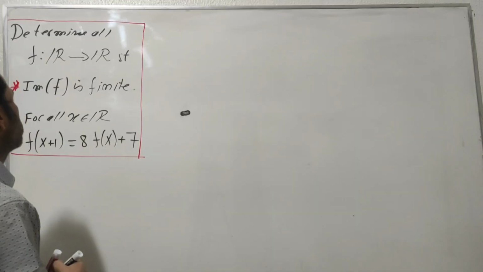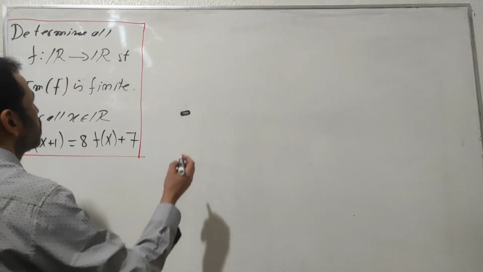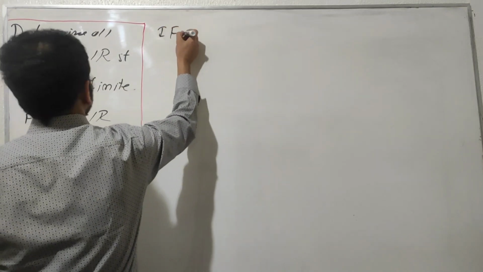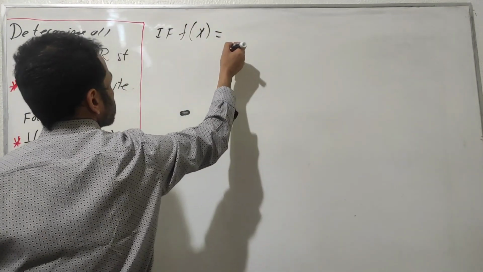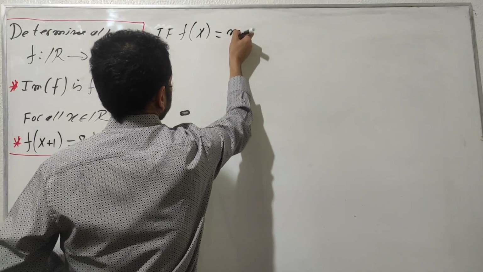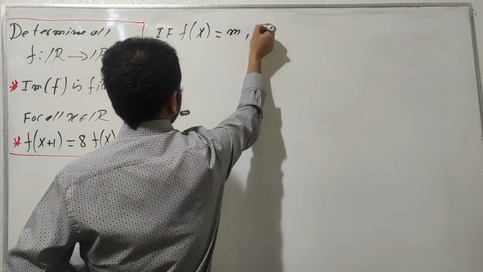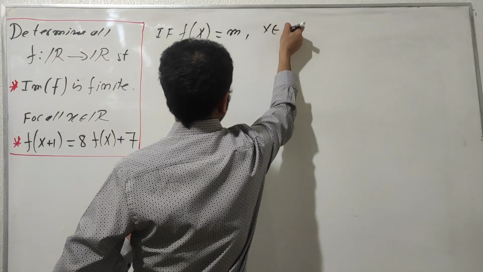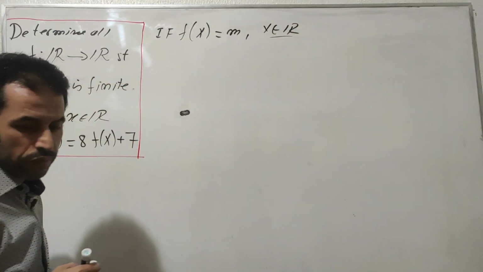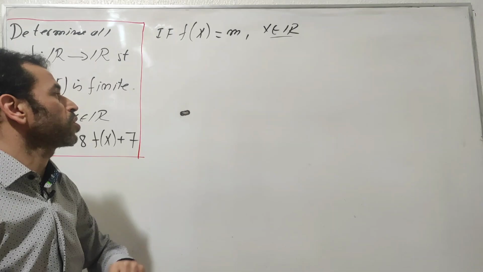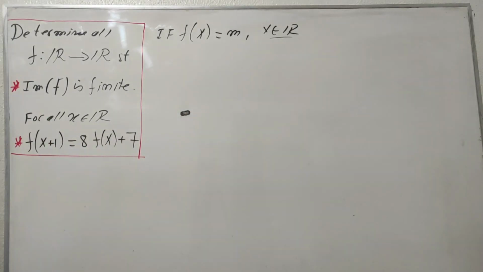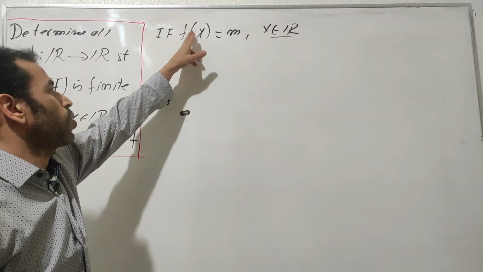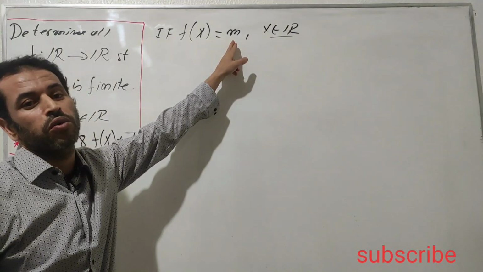Let's make some exploration and evaluation here. So if f of x equals m for all x a real number, I'm going to solve this equation and see what this function is going to be. The whole function is going towards one value, which is m.